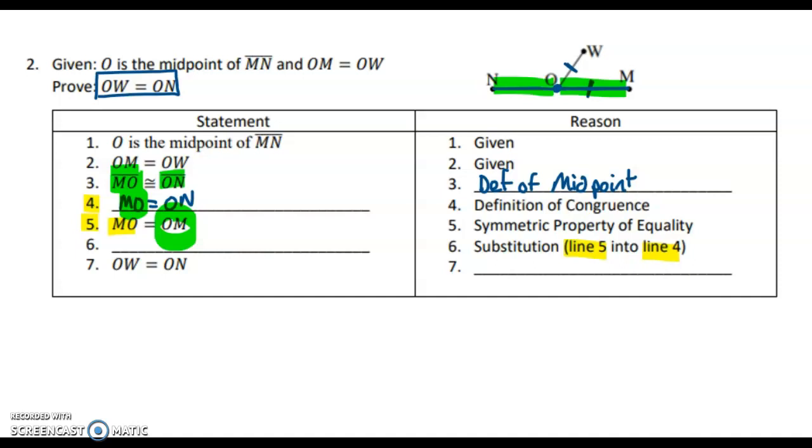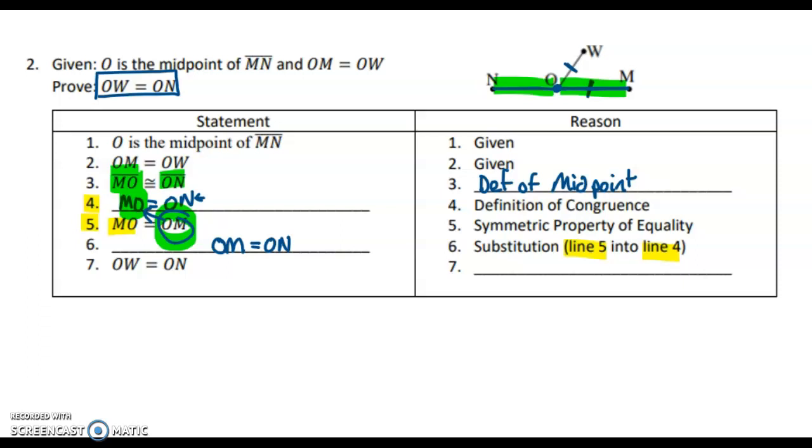They're swapping it out, which is substitution. So instead of MO, they're writing OM, and they still have, right here on line 4, equals ON. So OM equals ON, and that was substitution. That was just to get the letters written in the correct order to get to our last statement.